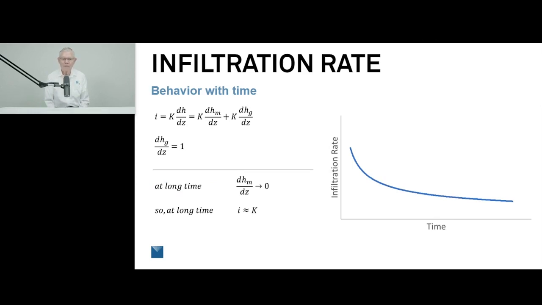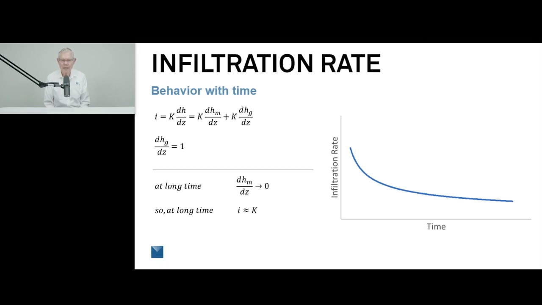Now, with that much information, we can consider for a moment the process of infiltration and how we expect it to behave over time. We'll represent the infiltration rate with the letter I. That we said was equal to the product of the hydraulic conductivity, K, and the water potential gradient, dH/dz.